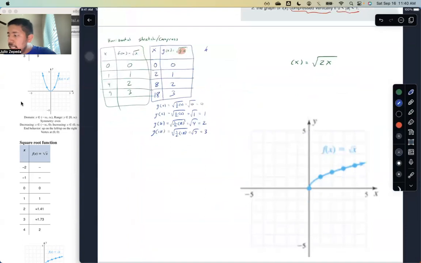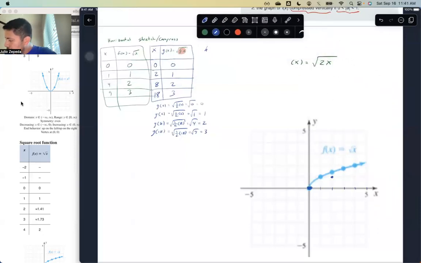In blue, they are 0, 0, 2, 1, 8, 2. I'll try to do that one. 1, 2, 3, 4, 5, 6, 7, 8. Somewhere right there, and then a y value of 2.